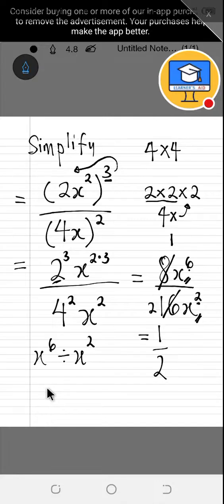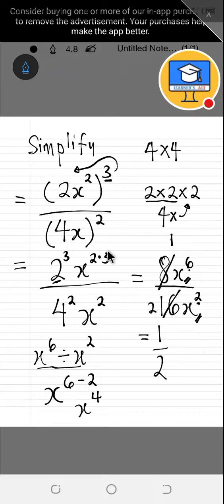And what do we know about the laws of indices when it comes to division? When dividing numbers with the same base, you subtract the exponent. So this will give us x to the power 6 minus 2, right? Which is x to the power 4. I think that is clear.